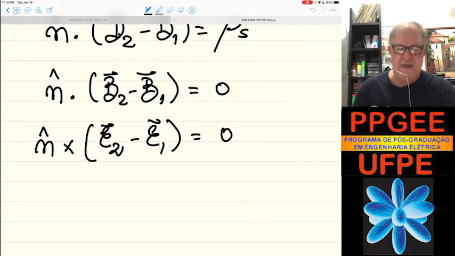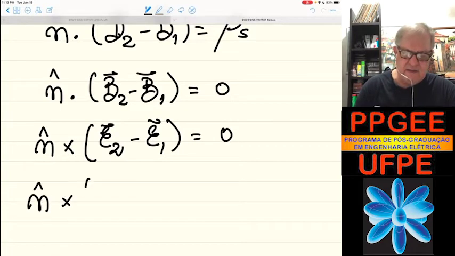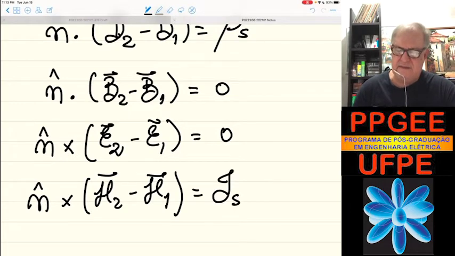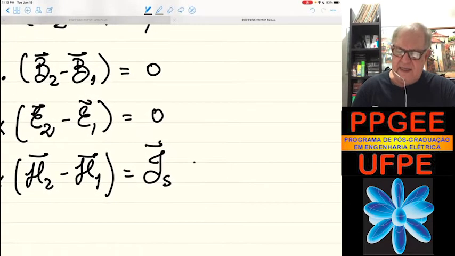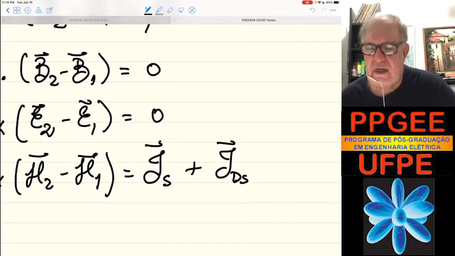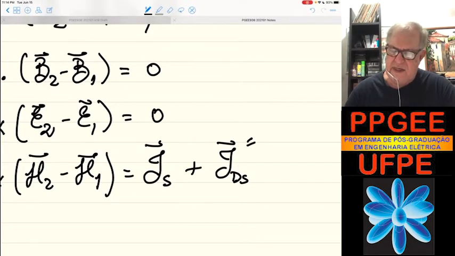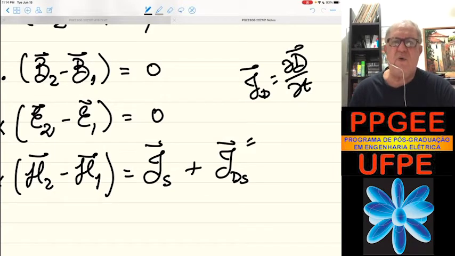The other equation is N cross (H2 minus H1) equals the free current density J_S on the surface plus the surface density of displacement current. But J_d equals dD/dt, and there's no way you can confine a vector D on an interface.